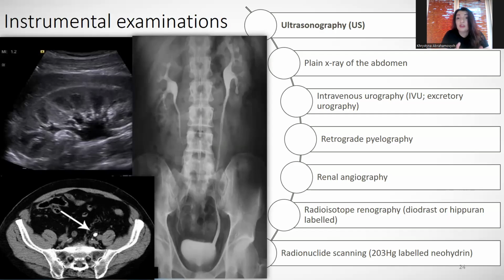Besides that, kidneys may also be checked with the help of a plain X-ray of the abdomen, intravenous urography, retrograde pyelography, and renal angiography if necessary, if you suspect stenosis of the renal arteries. Also radionuclide scanning and, as always, CT and MRI.